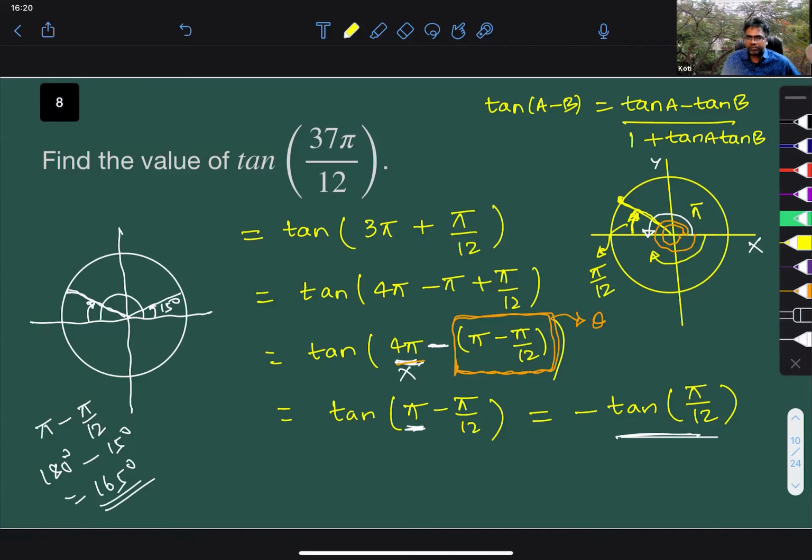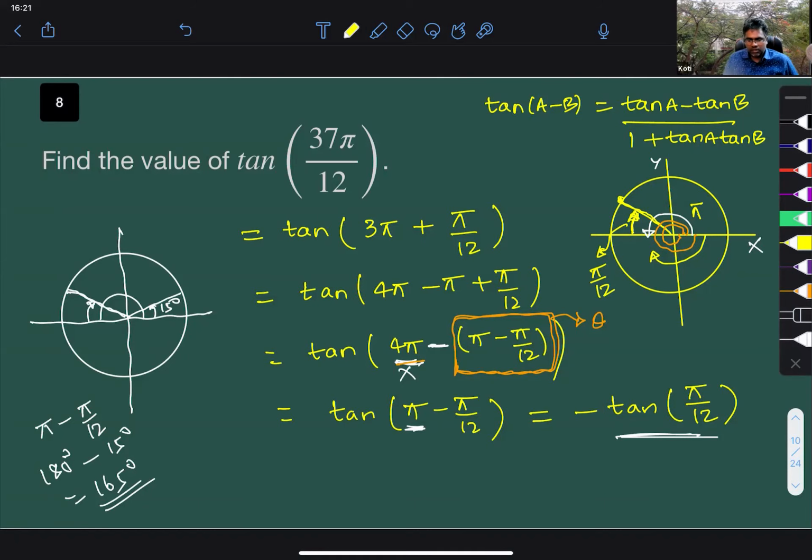Are you okay? Yes, sir. In the third quadrant, is your tan value positive or negative? Tan value is positive, right? So because it is positive, your final value should be positive.